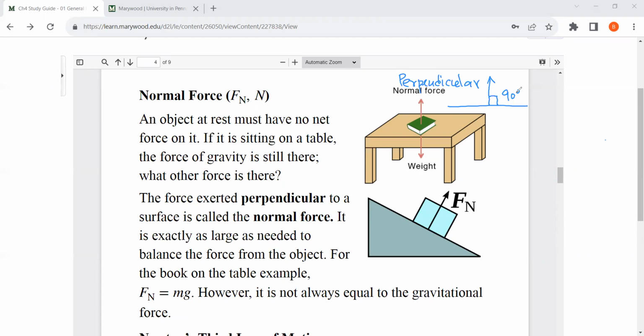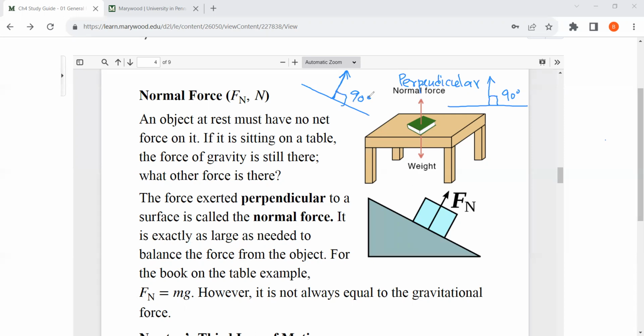If the object is somewhere here on a tilted or inclined plane, then the normal force will be in this direction, and you see that this is perpendicular to the surface, that means this angle is 90 degrees. So when an object is on a surface, the normal force will be perpendicular to that surface.